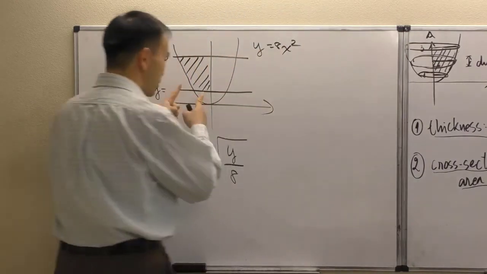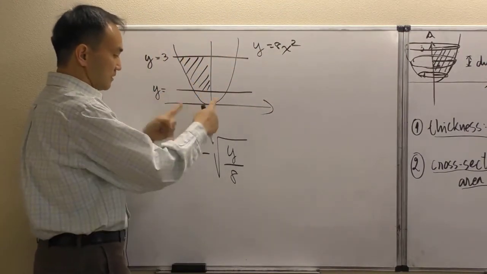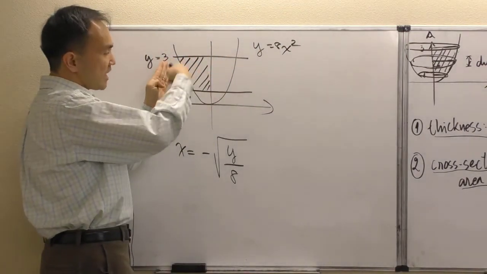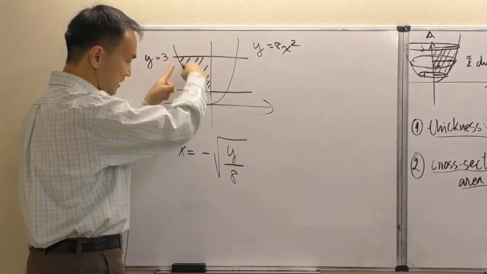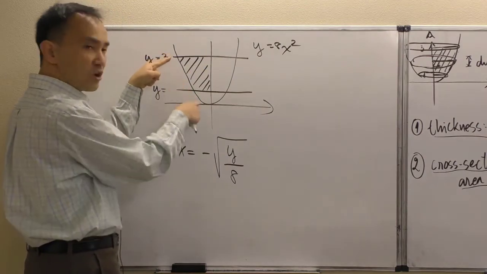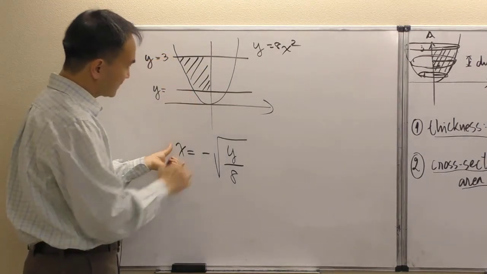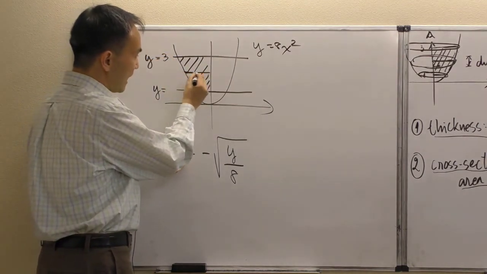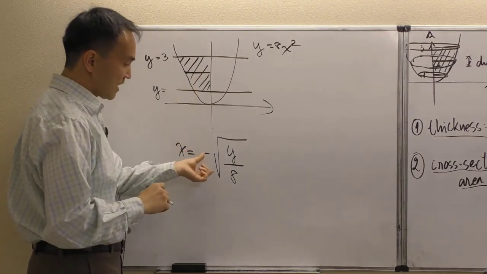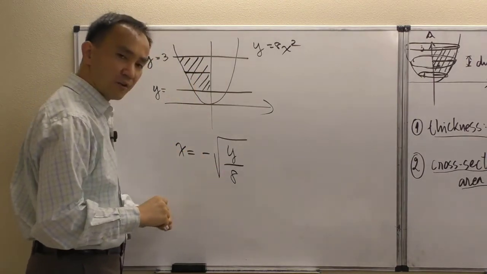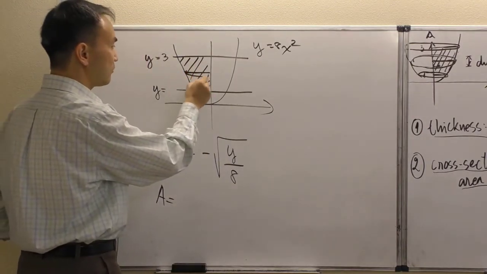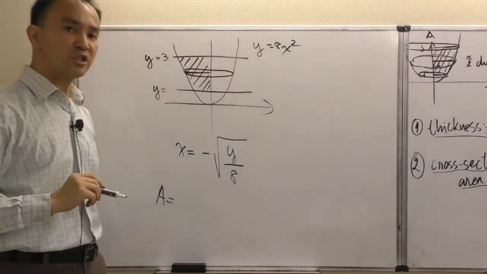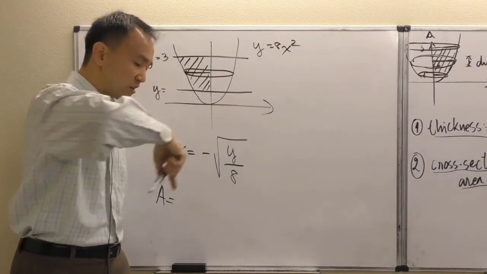Allow me to again quickly swing by to the other board. So even if we chose our piece of the area on the left hand side of the y-axis, and expressed that portion of the boundary, or at least expressed our height here, as x equals negative square root of y over 8, then when we get into the area, because remember in the end we're going to rotate each stripe right here to get a circular disk.